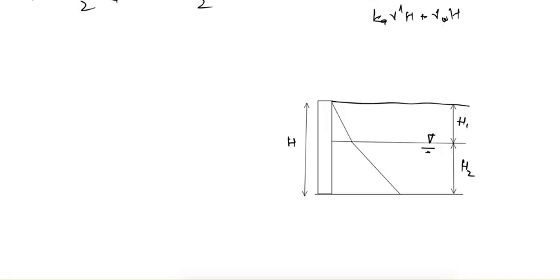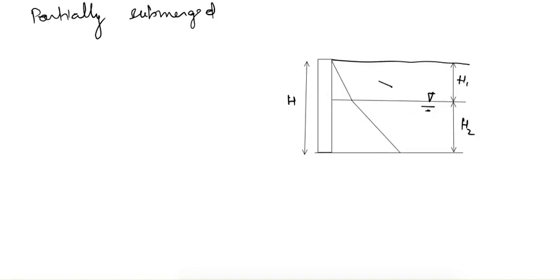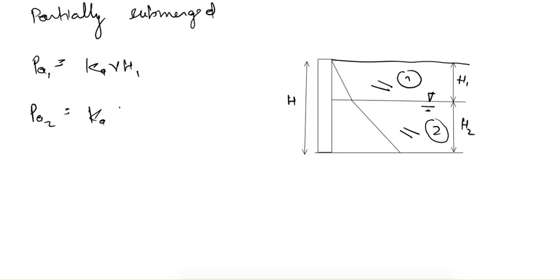Next is the partially submerged condition. Here we can write first for this above part and then for this below part. This is first and this is second. So for PA1 we can write Ka gamma H1, and PA2 we can write as Ka times effective stress, if the unit weight here is gamma, and in this part it would be gamma dash because it is in submerged condition.